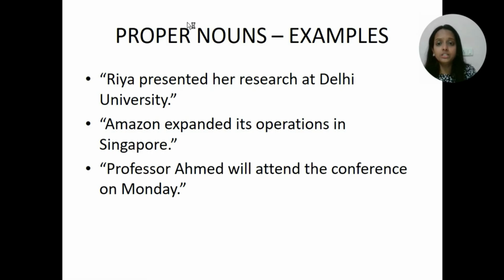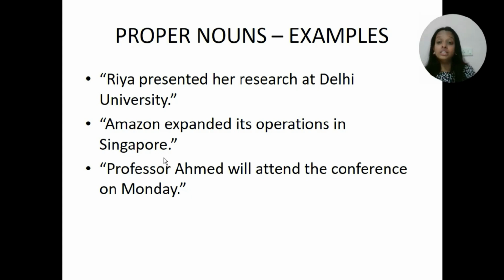So you can look at these examples. Ria presented her speech at Delhi University. So, in this sentence, Ria is a proper noun because it is the name of a specific person, and Delhi University is also a proper noun because it is the name of a specific institution. Right? Here is another example. Amazon expanded its operations in Singapore. Again, we are giving the specific company name, Amazon.